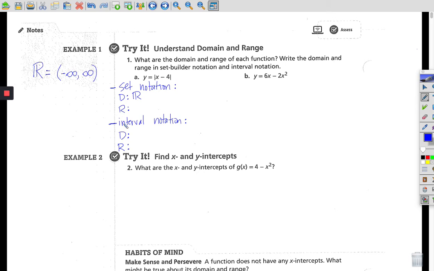So actually here I told you what it should be written like in interval notation. Interval notation uses parentheses and brackets, where set notation just uses inequality symbols. You never have brackets around positive or negative infinity. You will always use parentheses there.